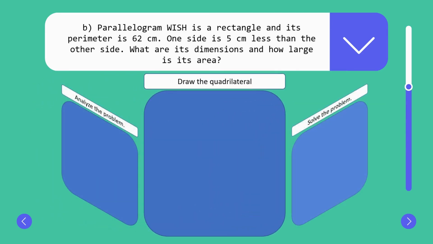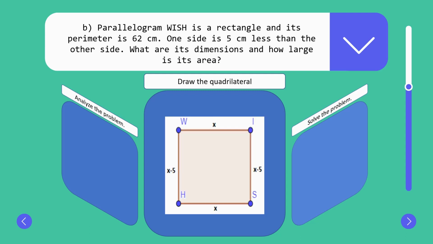We have here problem B, wherein there is a parallelogram WISH, which is a rectangle, and its perimeter is 62 centimeters. One side is 5 cm less than the other side. What are its dimensions and how large is its area? The first thing that we should do is to draw the quadrilateral. In this problem, we need to illustrate a rectangle named WISH.